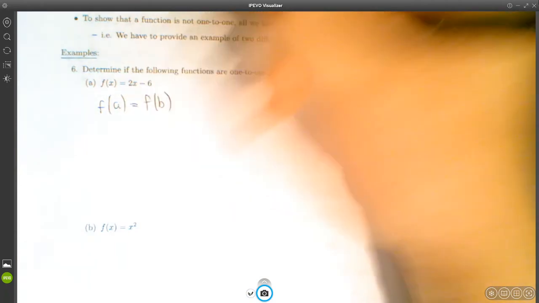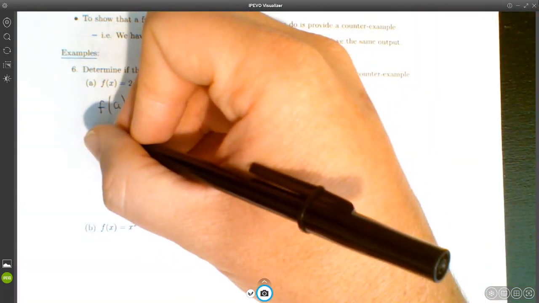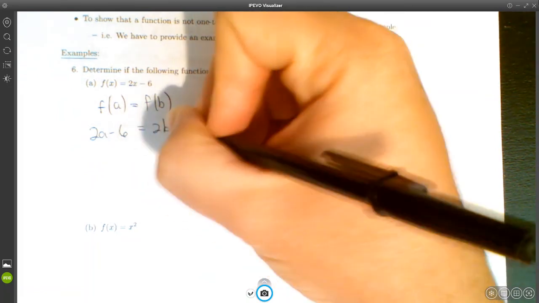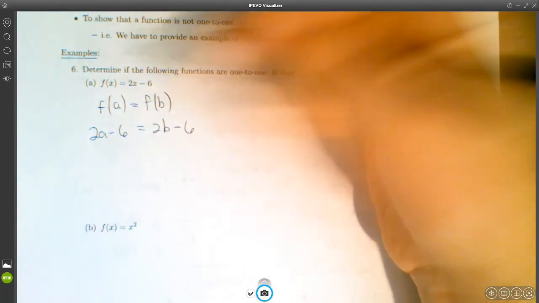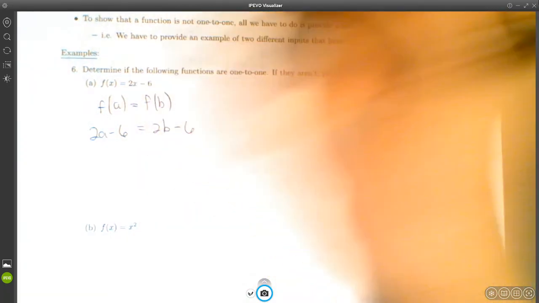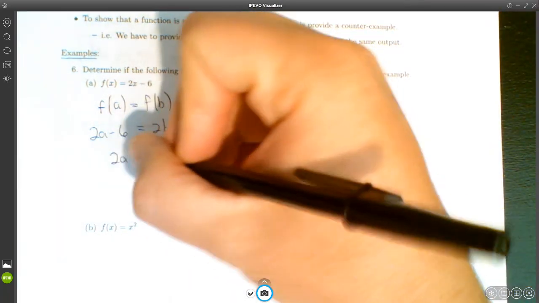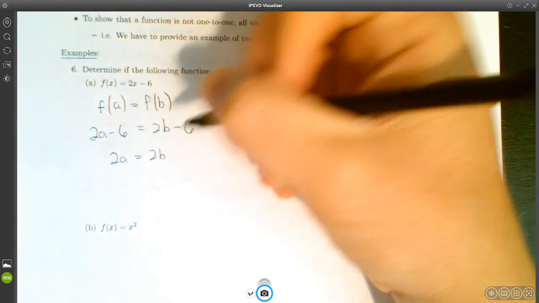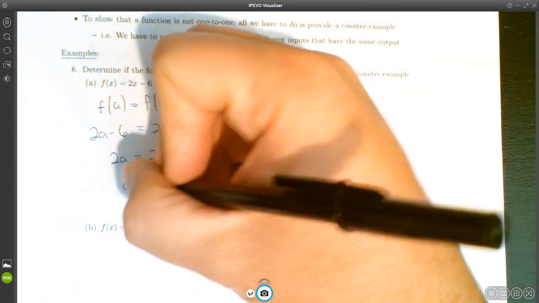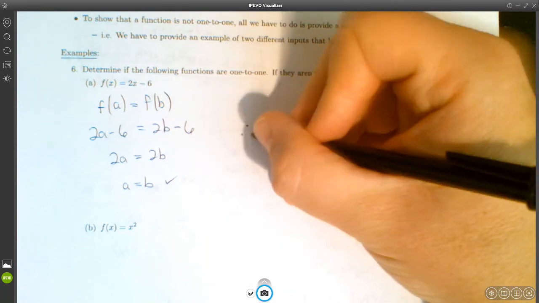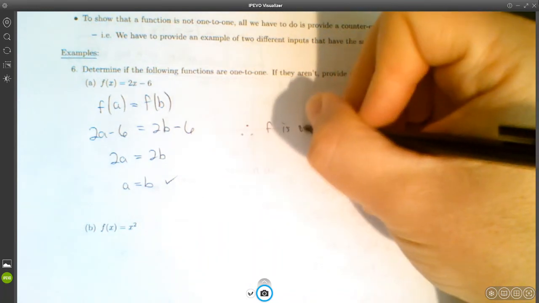If f of a equals f of b, that would imply that 2a minus 6 equals 2b minus 6. I'm just plugging in a and b into f of x. Well, if that's true, then I can add 6 to both sides to get 2a equals 2b. And then I can divide by 2 to get a equals b. Sure enough, right? Therefore, f is one-to-one.